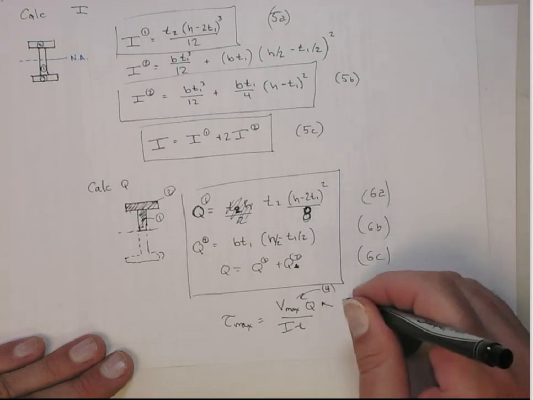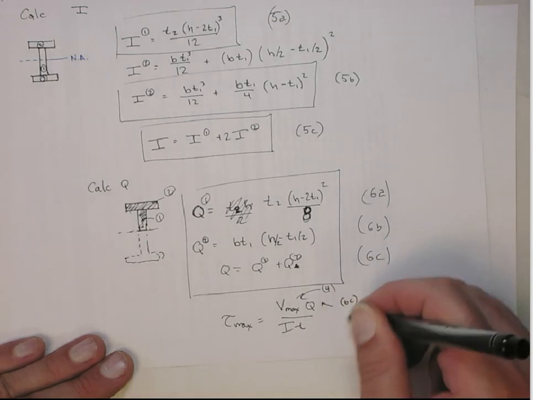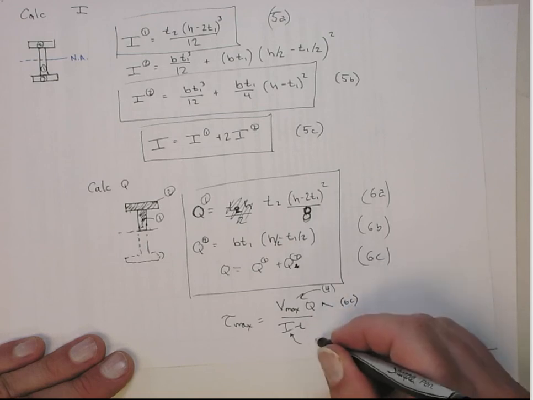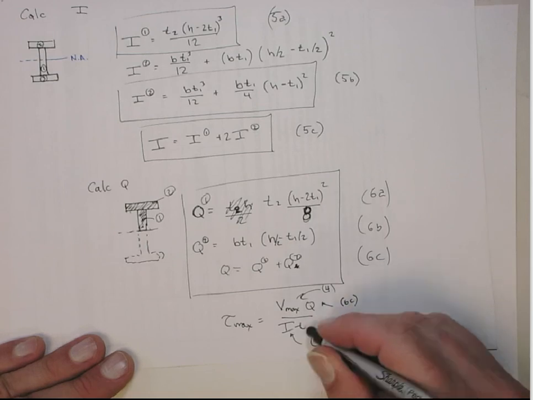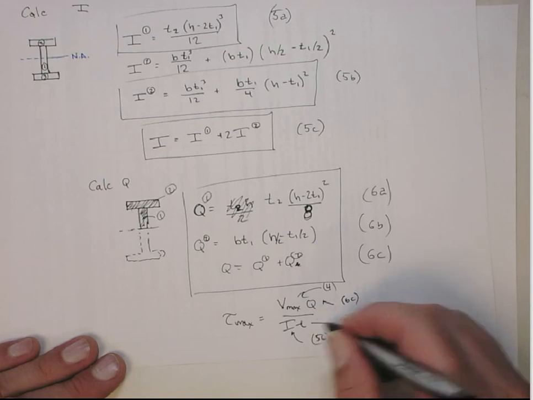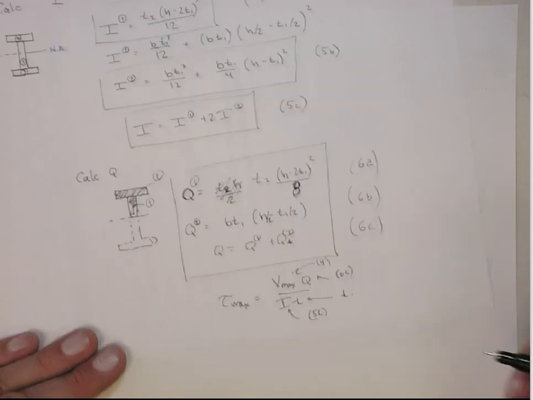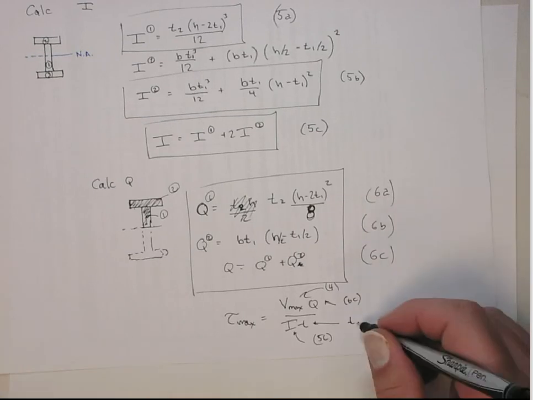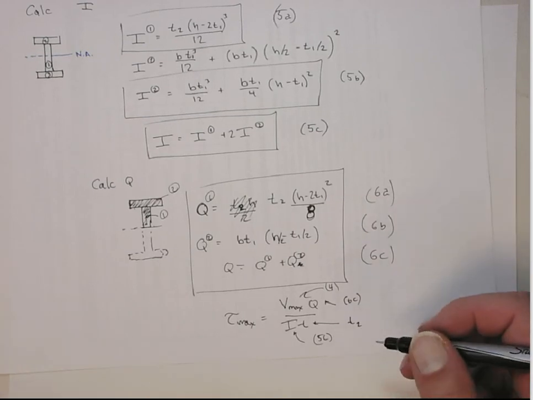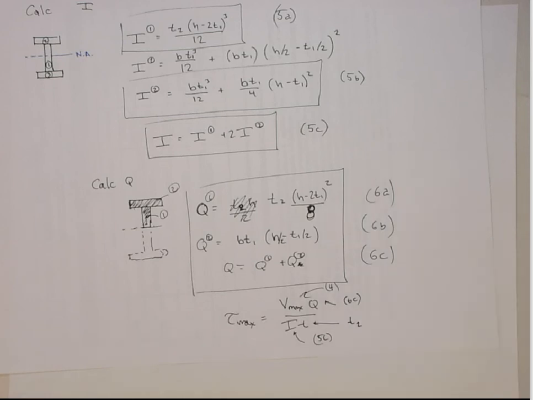Q I'm going to get from equation 6C. I I'm going to get from equation 5C. T is just going to be T2, the web thickness.